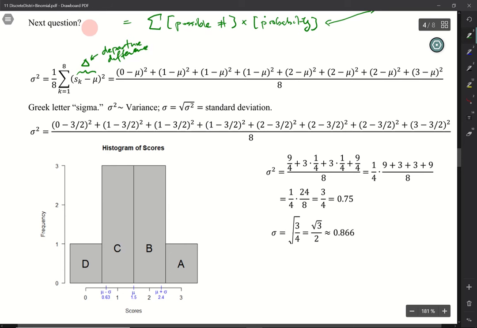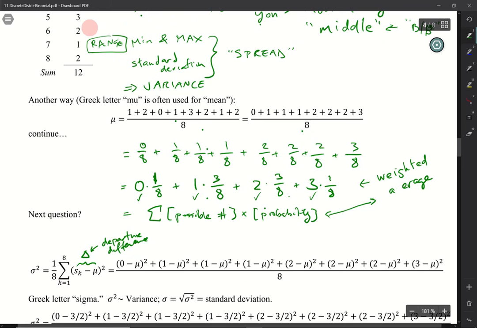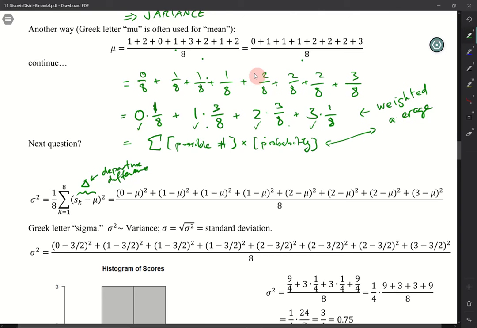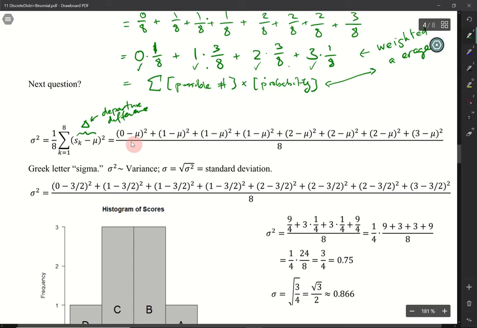Remember, what we're looking for is some way to understand the spread. How spread out is it? The spread is defined from the middle, so we want to understand the spread relative to the middle.